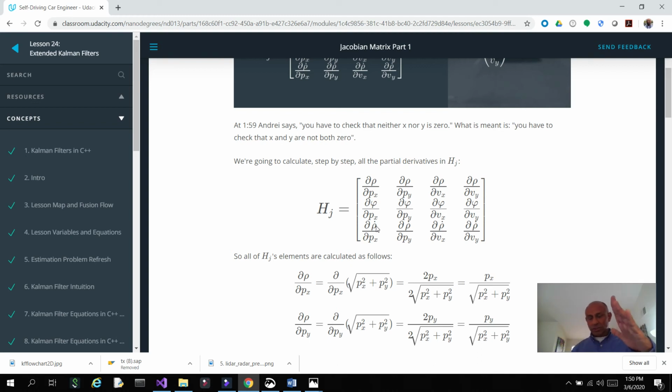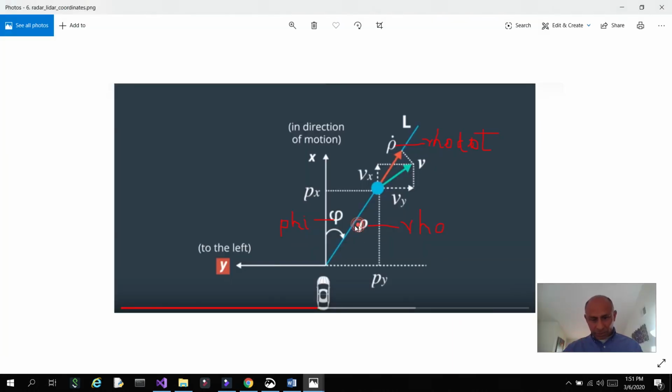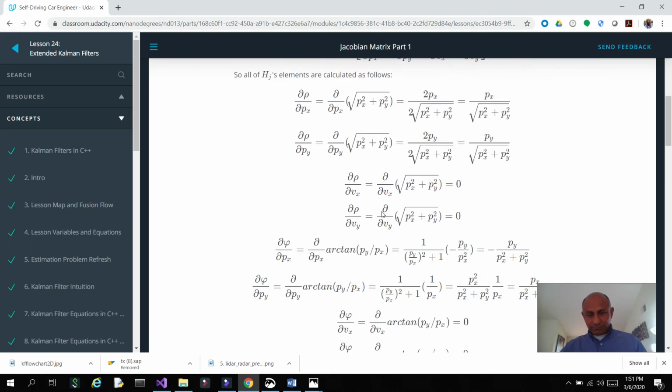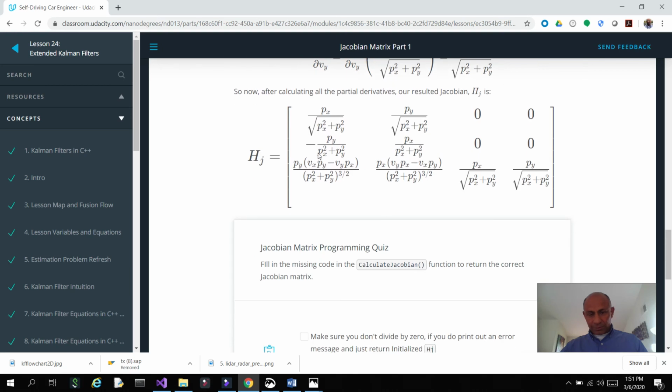Rho was your distance from your car to the bicycle, and phi was that angle. So this was rho right here, this was phi, and this rho dot was the radial velocity. Wonderful. So that's your Jacobian matrix. These partial derivatives work out to this here, which we're not going to get into.